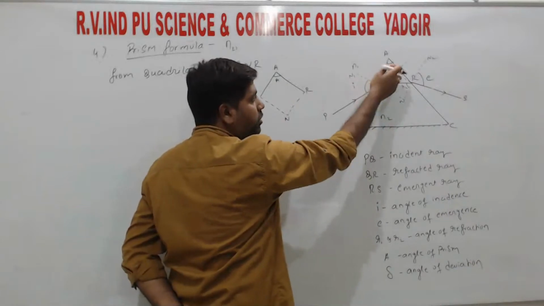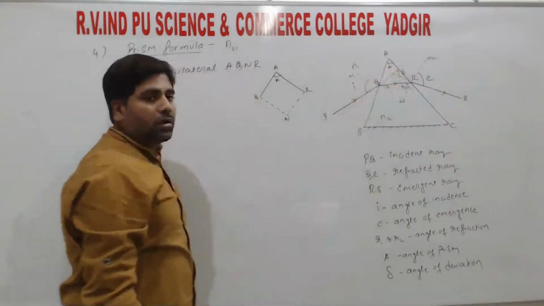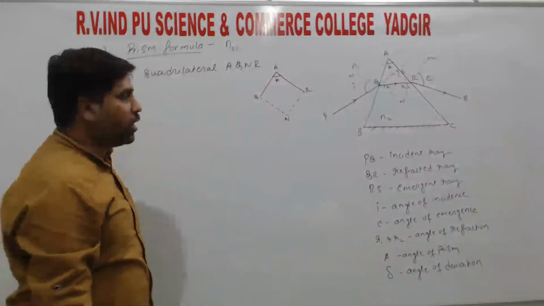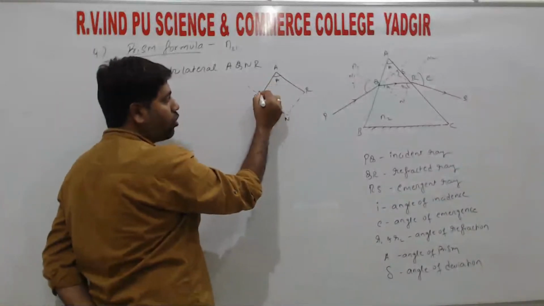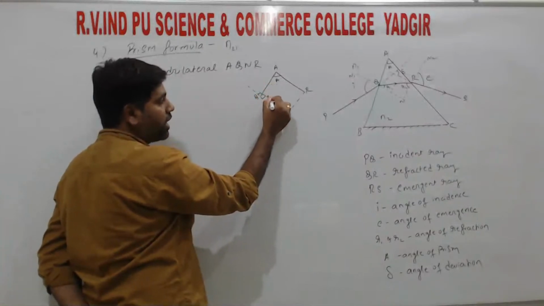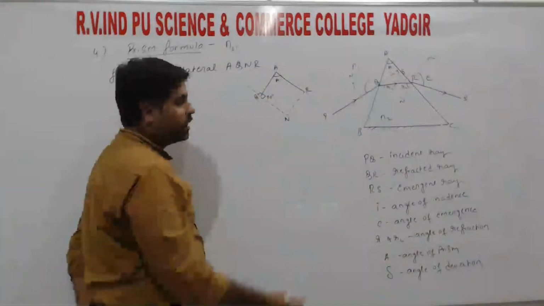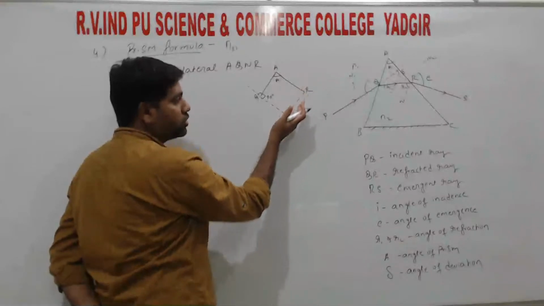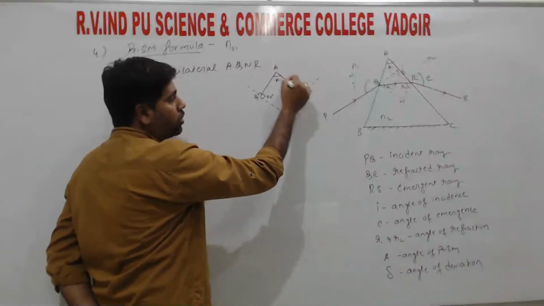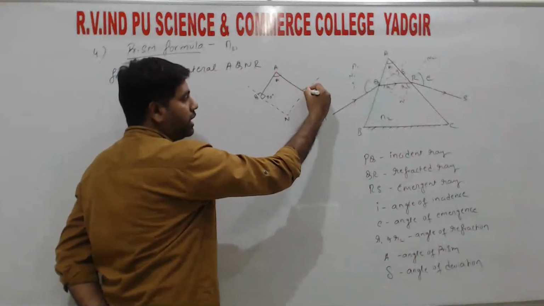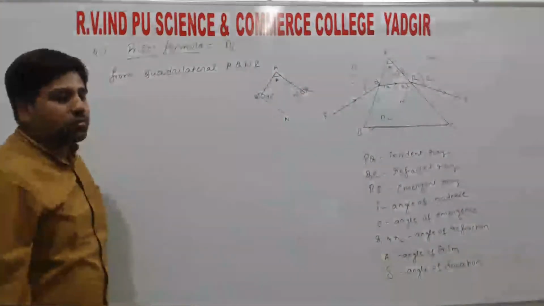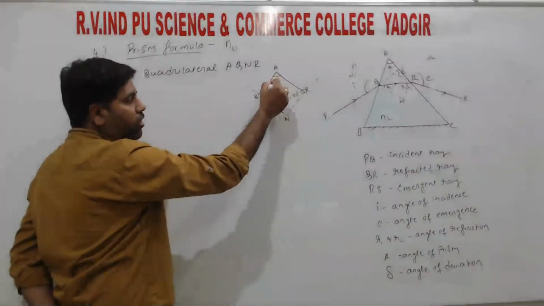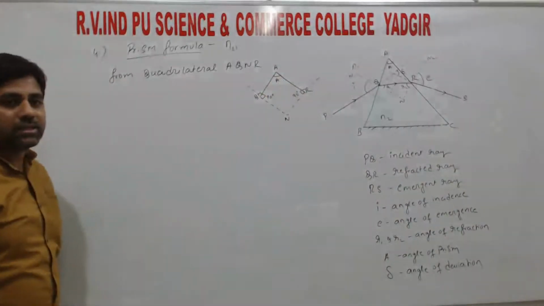The normal is the perpendicular line drawn to the first refracting surface AB. So the perpendicular line means the angle is 90 degrees, outside 90 degrees, and inside also 90 degrees. Again, N2 is also the normal drawn to the second refracting surface, so here the angle is 90 degrees, and here also 90 degrees. So the sum of all the angles in the quadrilateral is equal to 360 degrees, right?